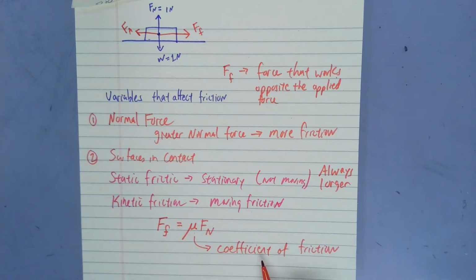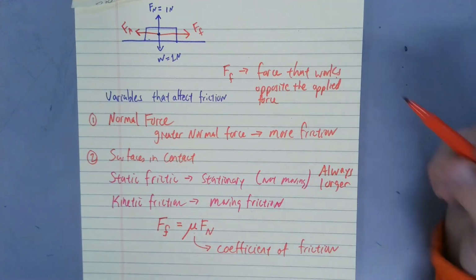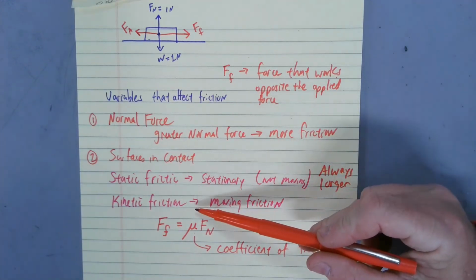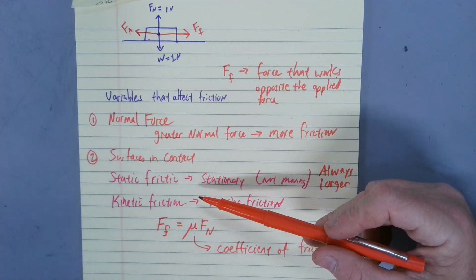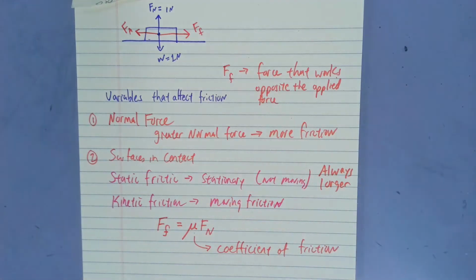Now, these coefficients of friction are something that are given to you. You look them up. There's a table, a book that has just an infinite number of coefficients of friction, because any two surfaces put together has a certain frictional value, that coefficient of friction between them. But we set up here that static and kinetic friction are different. So how do we account for that?